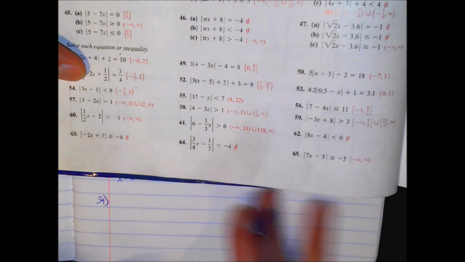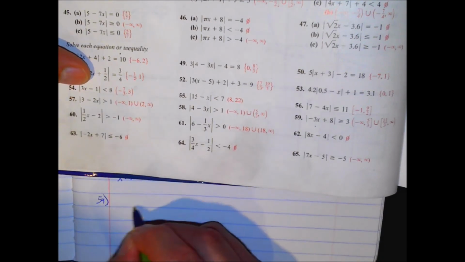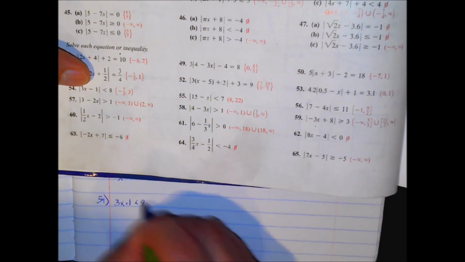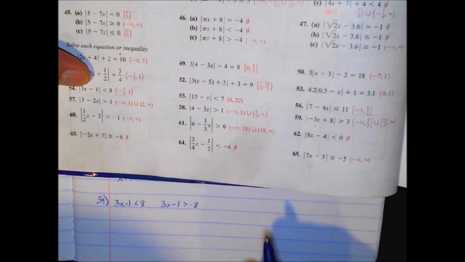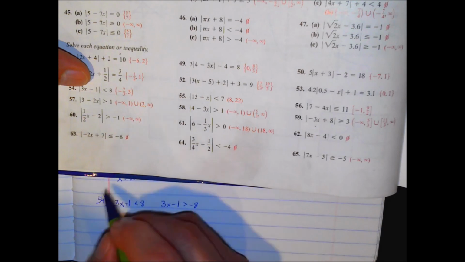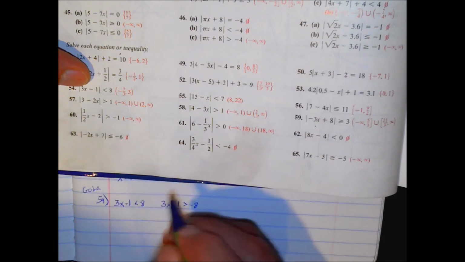Okay, here's 54. We've got an inequality, so we set up our two equations as 3x minus 1 is less than 8, and 3x minus 1 is greater than negative 8. And since it's a less than, remember, go LA. It's an and statement. Okay.